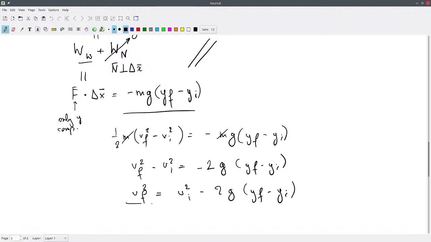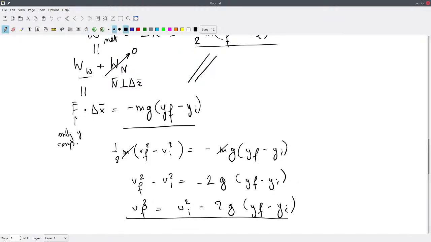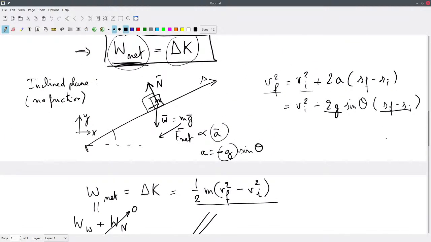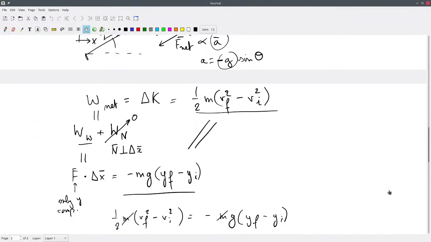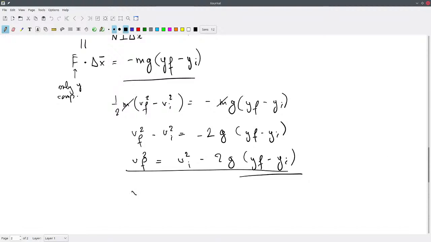This is already looking pretty close to the expression that we had before. The only difference is that we now have y final minus y initial instead of sine theta times s final and s initial. But you'll see that the connection between the s coordinate in this direction and the y coordinate in this direction is just multiplying by a sine of theta. So that's going to give us the final step here.